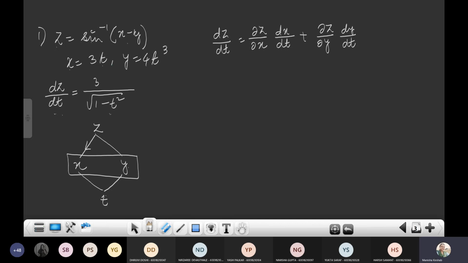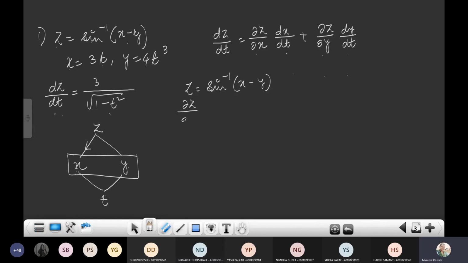Now we'll evaluate all of this separately. When we are differentiating z with respect to x, we'll assume y to be constant. Similarly, when we differentiate z with respect to y, we'll assume x to be constant. Our z is given to be sine inverse of (x minus y).